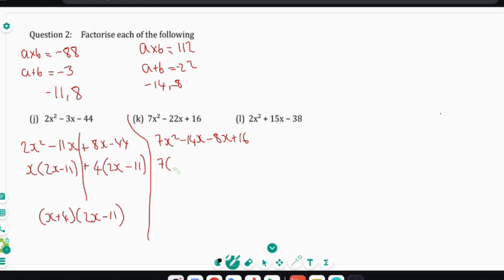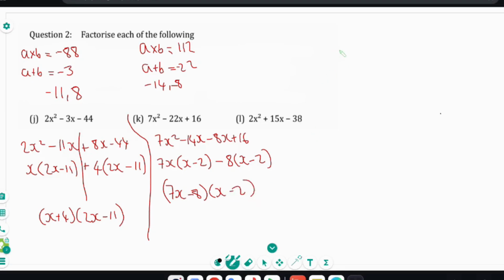So 7x. 8. That works because minus 8 times negative 2 is positive 16. You can always check at each stage here by going back to your last step to see if it's right.